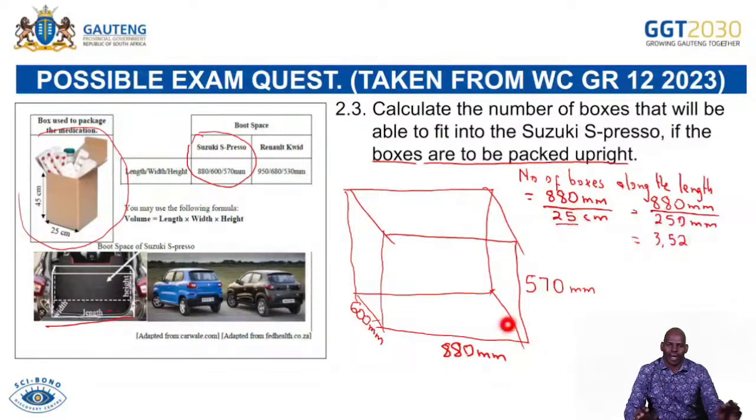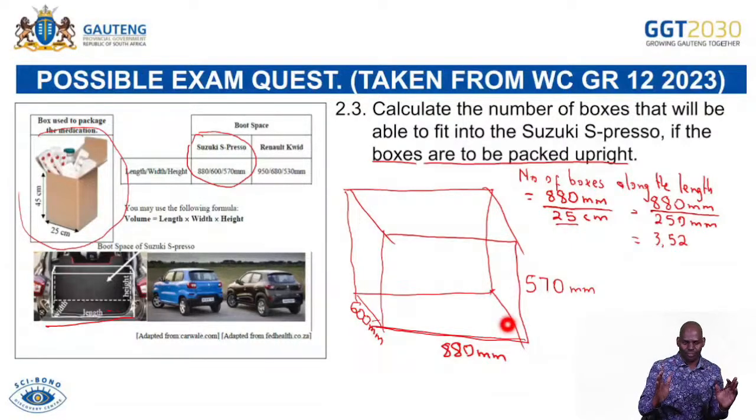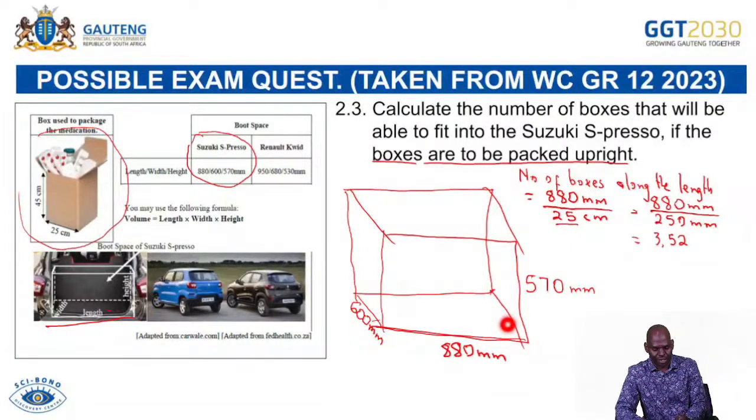Now if it's 3.52, it means the number of boxes that are going to fit along the length is 3.52, but we don't have a fraction of a box. Think about this. If we round it off, the answer is supposed to be 4.